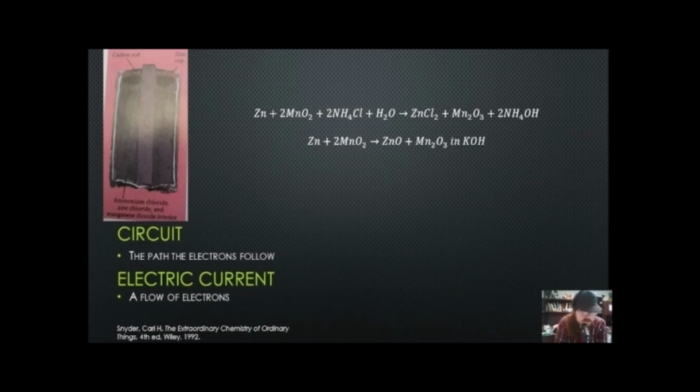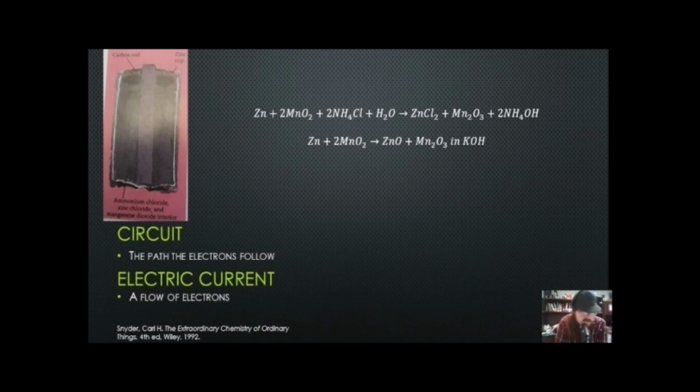As the zinc is oxidized to zinc oxide, we're releasing 2 electrons that can flow through. The actual reaction is zinc plus 2 hydroxide goes to zinc oxide and water.